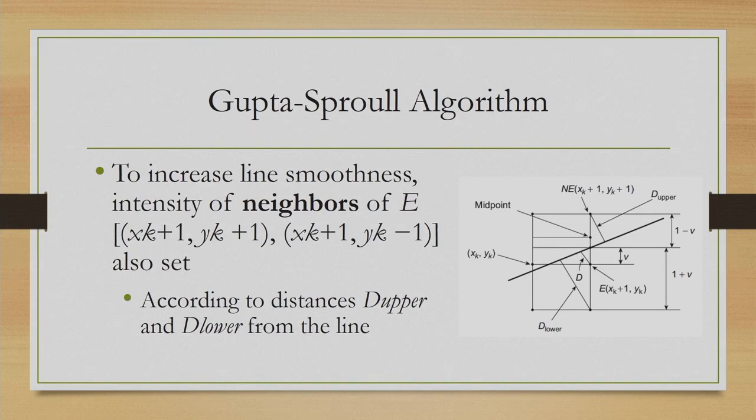That is not all. Along with that, to increase the smoothness of the line, the intensity of neighbors is also changed. So, here E is the chosen pixel, here its neighbors are this pixel and this pixel. Now, their intensity is also modified, again according to the distances D upper and D lower from the line. So, here as you can see, this is D lower and this is D upper, and depending on these values, these neighbor pixel values are set.